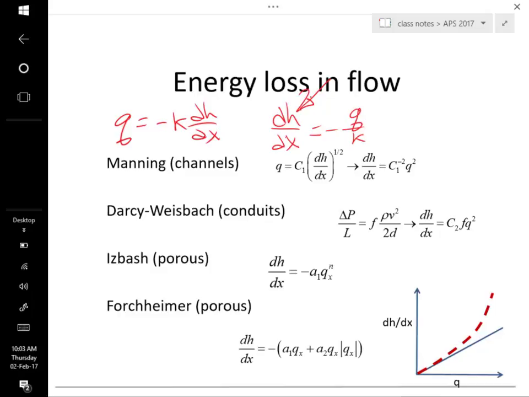So, if we have a tube here filled with porous material and a manometer and another manometer there, the hydraulic head is given by the height of the fluid in the manometer, and this height is decreasing along the flow, and that's energy loss in the flow.